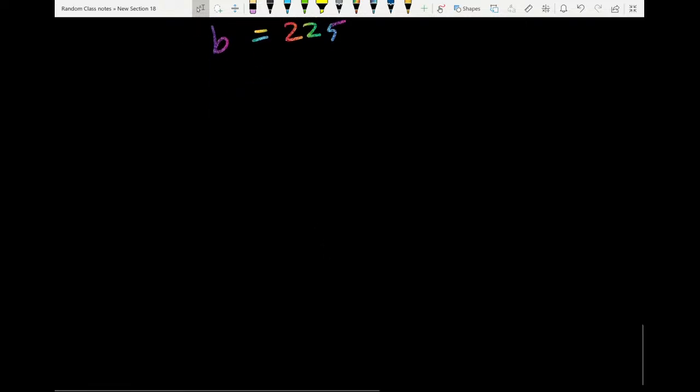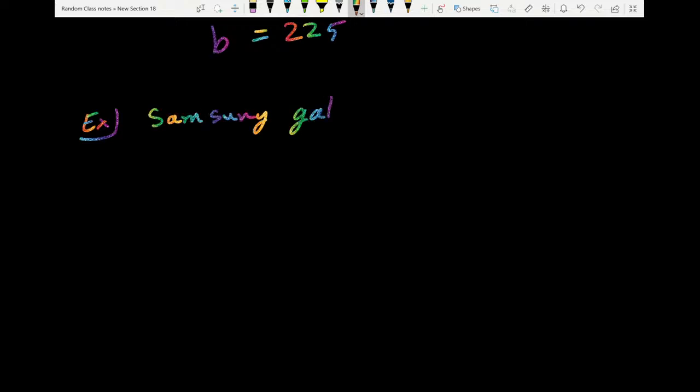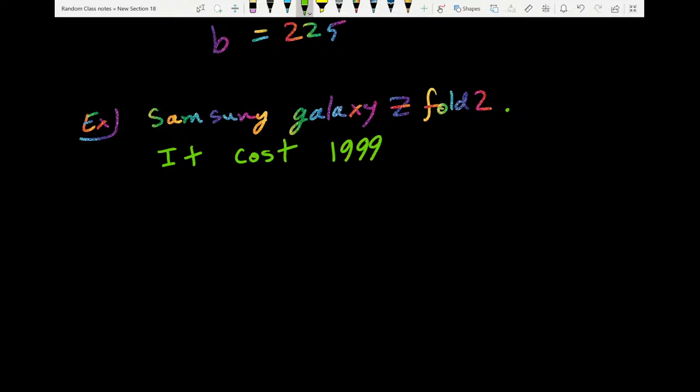Let's do a word problem. Let's say you want to buy a new phone. So Samsung Galaxy Z Fold 2. It costs currently right now $1,199.